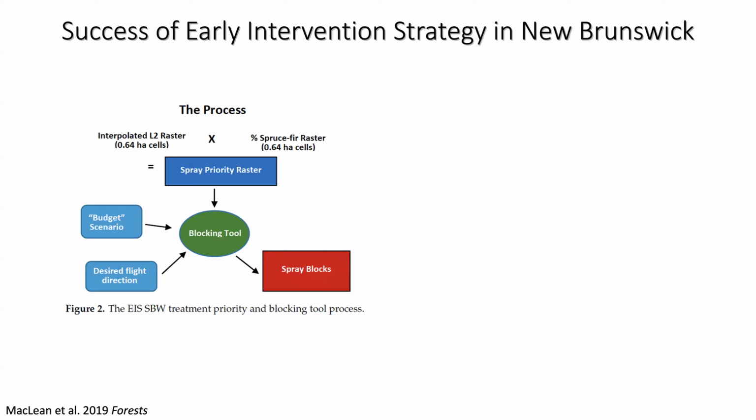Is there a lot of white spruce and fir in this landscape? If there is, you're more likely to expect an area that would see a severe outbreak. If you have more mixed wood, you would expect the outbreak to not advance as quickly, since there's not as much of the primary host of the species. You have a blocking tool where you obviously don't spray on water bodies and urban areas.